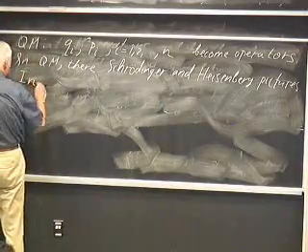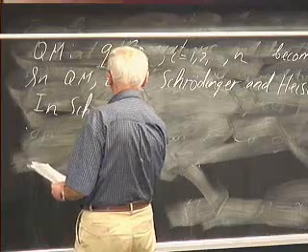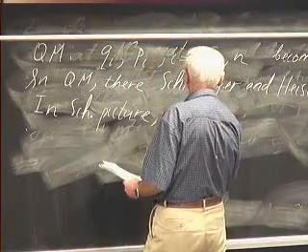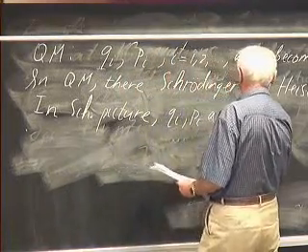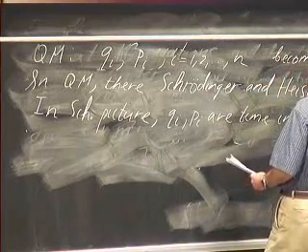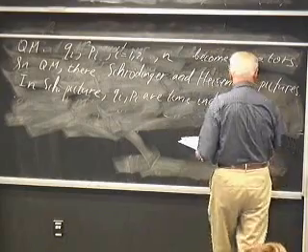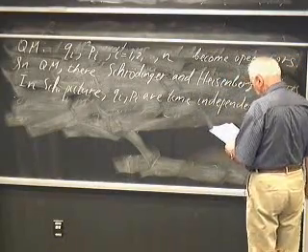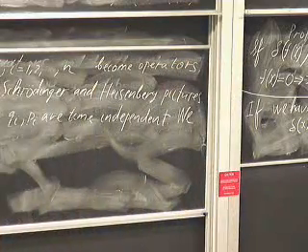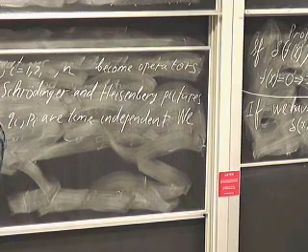In the Schrödinger picture, those operators are time independent. Instead, the wave function, of course, depends on time. We have the commutation relation in this picture at all times because they are time independent.